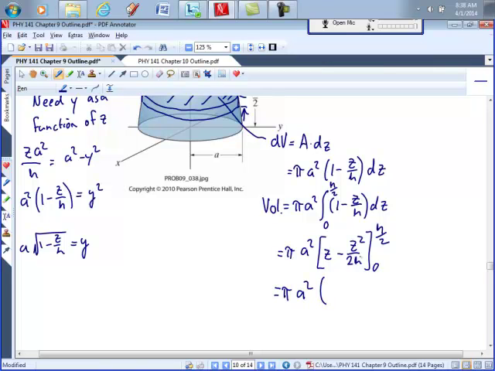At 0, both of these terms are 0, so we really only have to put in the values of h over 2. So I put h over 2 in for z here. And if I put h over 2 for z here, this is going to be h squared over 4 divided by 2h, which would be, nope, h over 8. We had h squared over 4, and then we divided by 2h. That's h over 8.